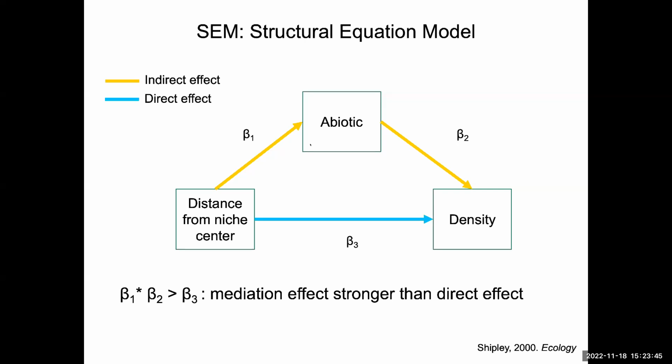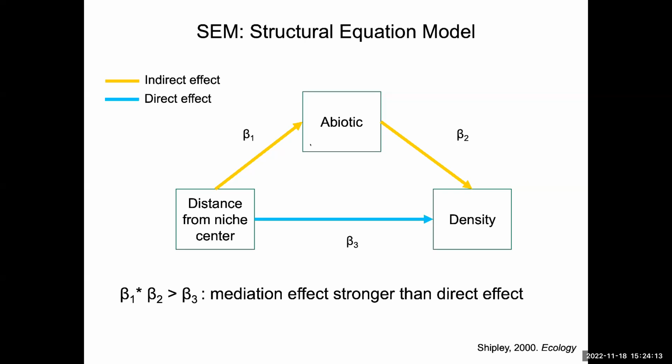And distance from niche center could also affect species density via a decrease of abiotic factors. Beta 1, beta 2, beta 3 represent just the strength of the relationships here. The mediation effect is stronger than the direct effect if the product of beta 1 and beta 2 is more than beta 3.